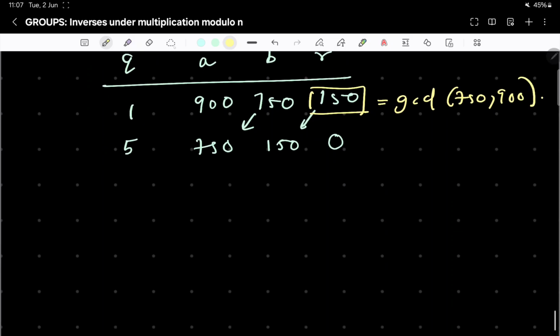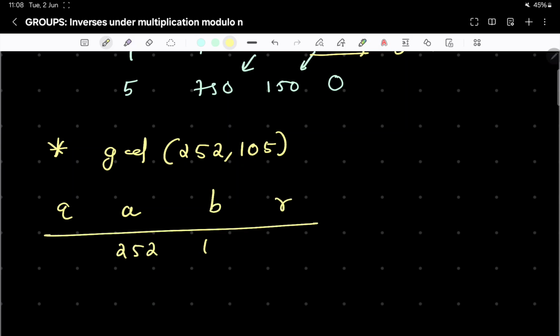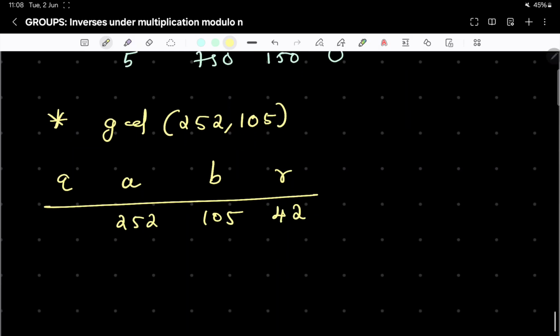Okay, one more example we'll try. What is the GCD of 252 and 105? So write the table Q, A, B, R. 252 divided by 105, what is the remainder? The remainder is 42. Change positions, 105, 42.